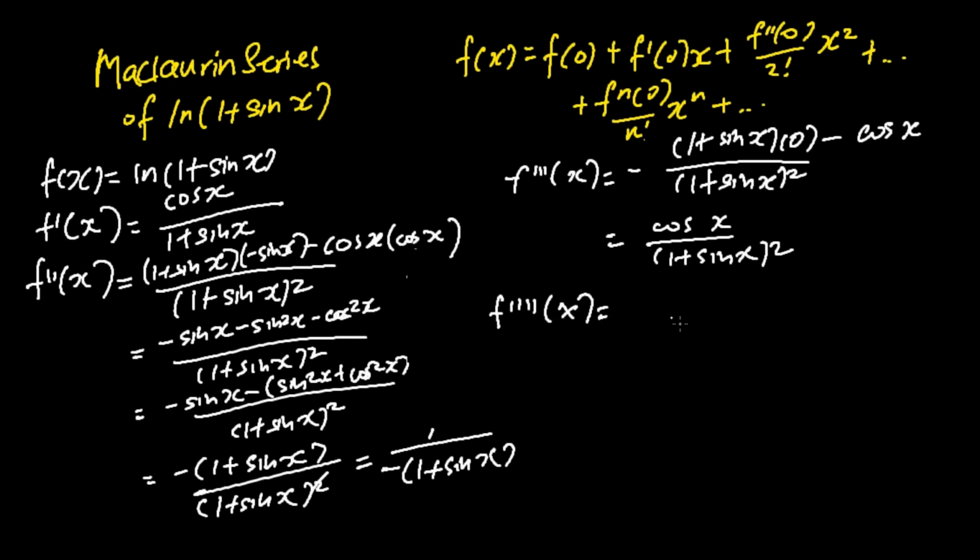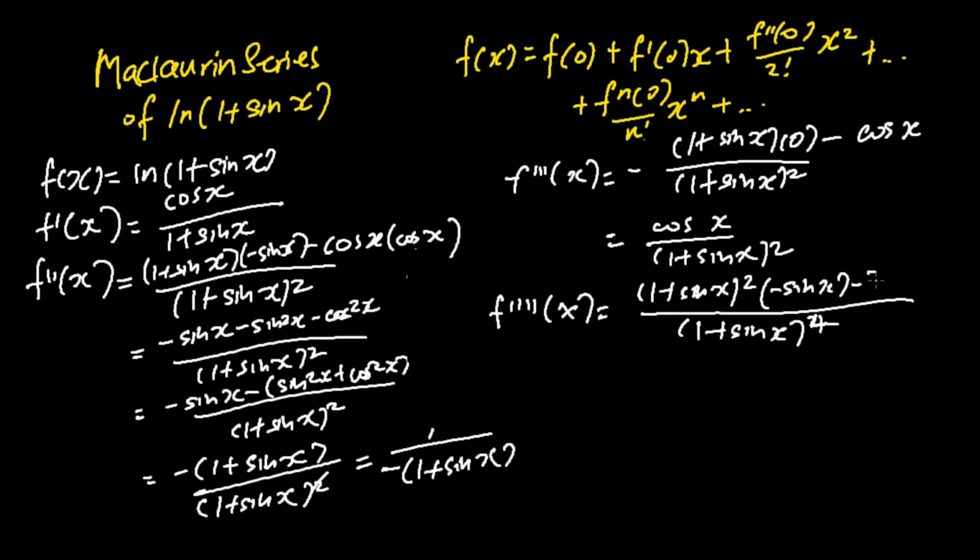And then last but not least, we will differentiate the function 4 times. So how do we go about doing this? Same thing, quotient rule. We are going to square (1 + sin x) squared. So we get (1 + sin x) to the power 4, bringing up (1 + sin x) squared. Differentiating cosine x gives me negative sine x, subtracting away 2 times (1 + sin x), and then we differentiate 1 + sin x, we get cosine x, times cosine x.